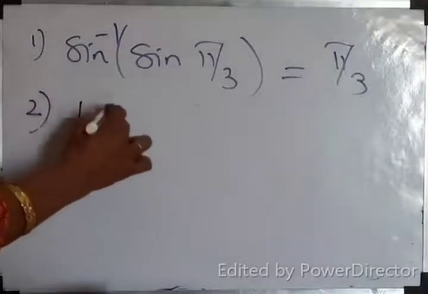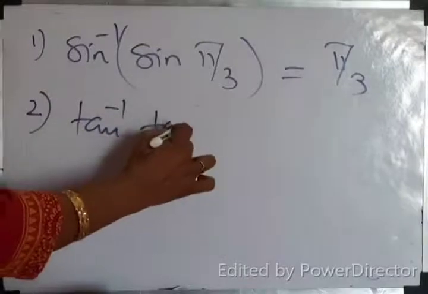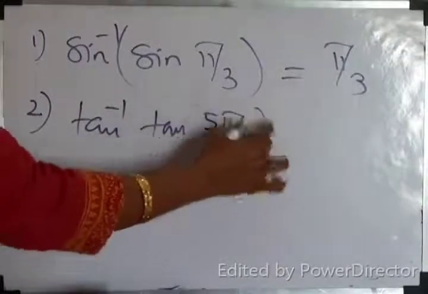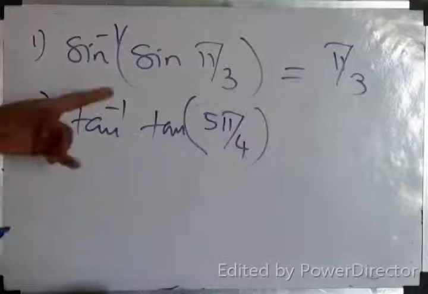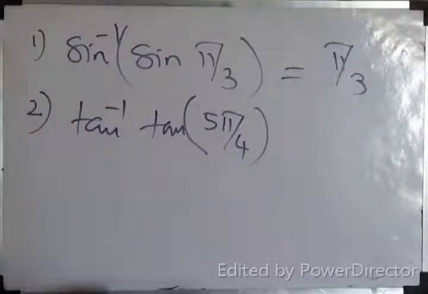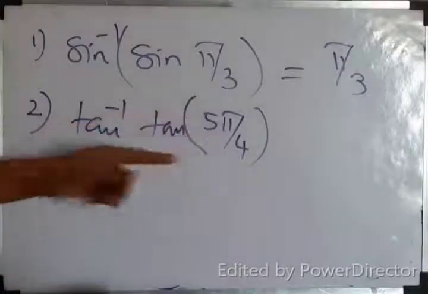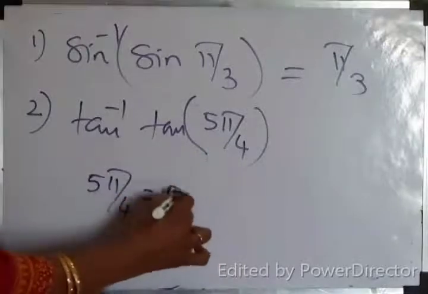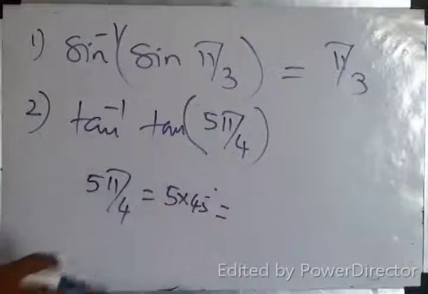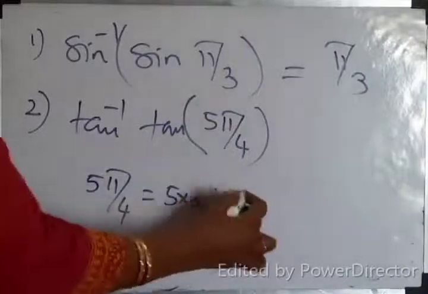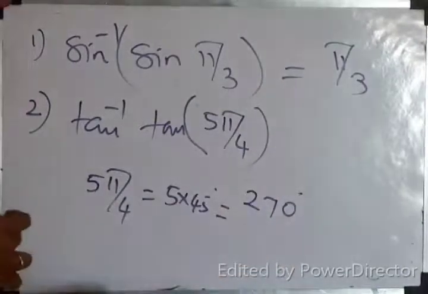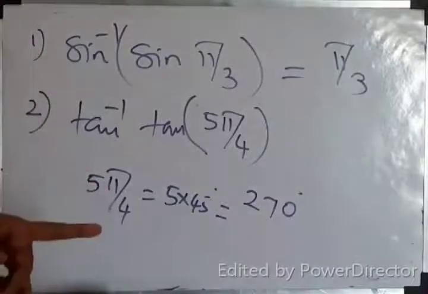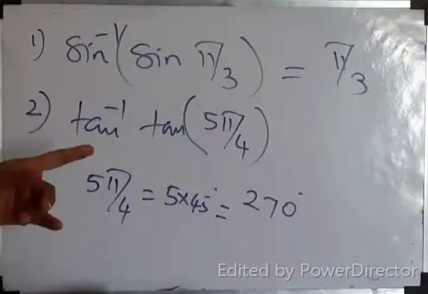Second one is tan inverse tan 5 pi by 4. What is your tan inverse principal value? Minus 90 to 90, isn't it? What is 5 pi by 4? 5 times 45 degrees, isn't it? 5 times 45 is 225, which is beyond the limit.